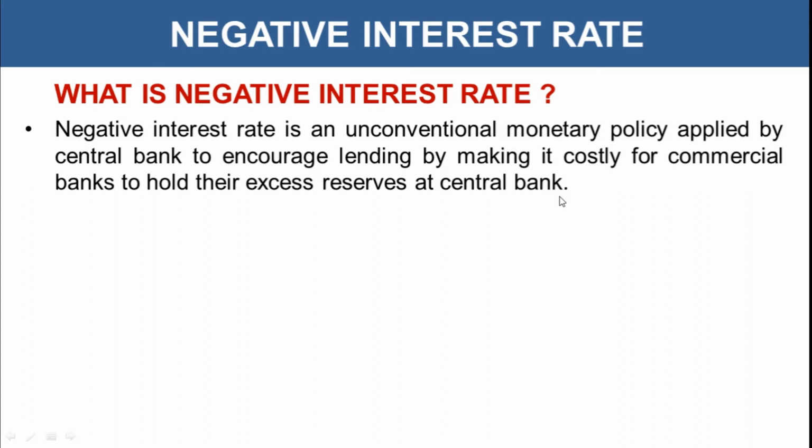But in a negative interest rate scenario, the central bank will not pay the commercial banks for parking their excess reserve, and thus they will motivate the commercial banks to provide more loans to customers rather than holding their money with the central bank. And the same scenario will then apply by the commercial banks to the general public.